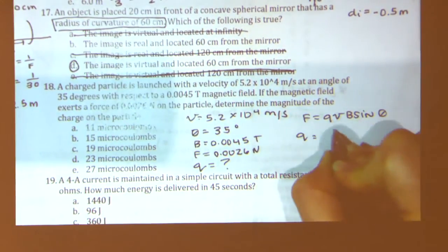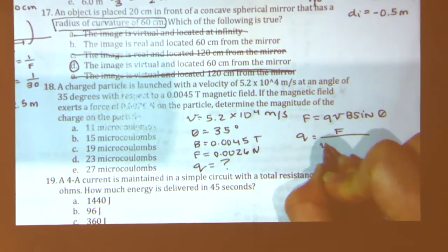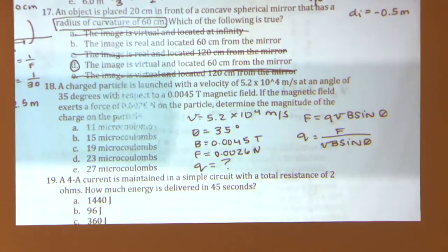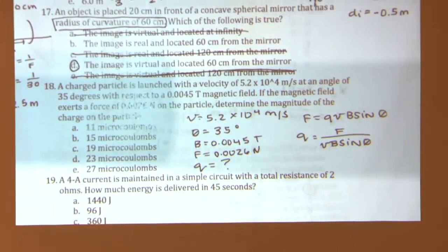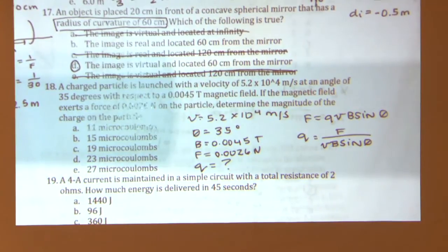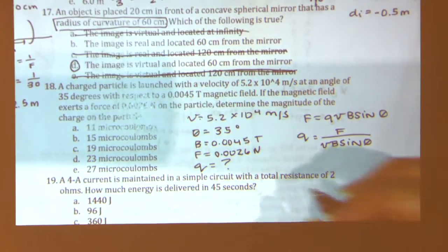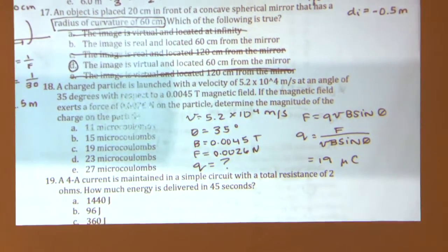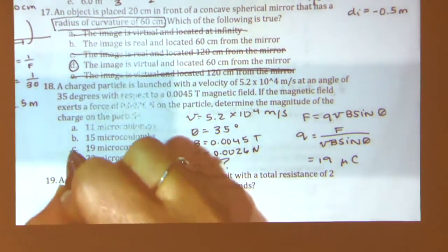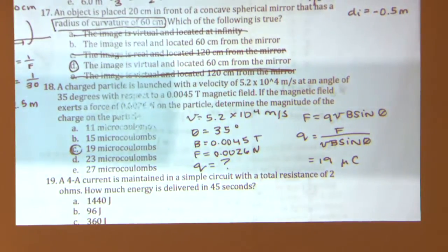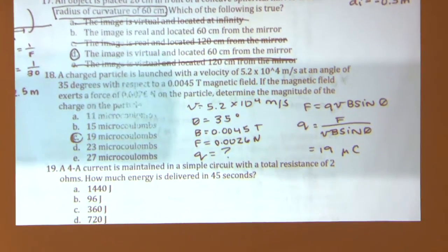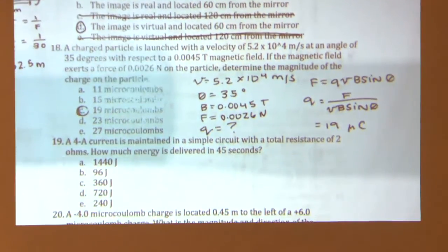Q will equal F over V B sine theta. We have our force, velocity, magnetic field, and our angle, so we should get about 19 microcoulombs. Okay. That one isn't too bad.